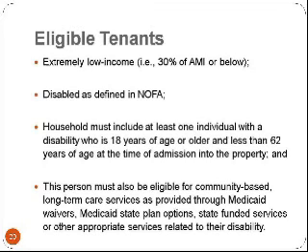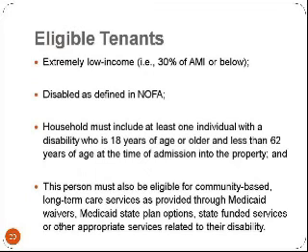So again, these four bullets talk about the eligible tenants. Folks have to qualify by being 30% or below of the area median income. They have to have a disability as defined in the NOFA, which is quite broad. The program's targeted to folks who are between 18 and under 62 years old at the time of program admission.